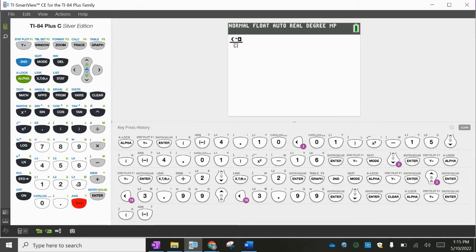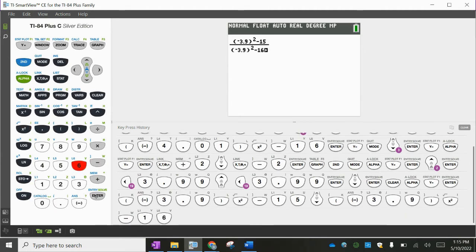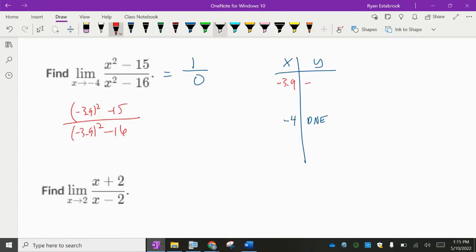So parenthesis negative 3.9 squared minus 15 in the numerator, and denominator parentheses negative 3.9 squared minus 16. So negative 0.2658. How can we get closer to negative 4 from this side? Numbers that are slightly bigger than negative 4. How about negative 3.99? Try that one. Both of the x's.